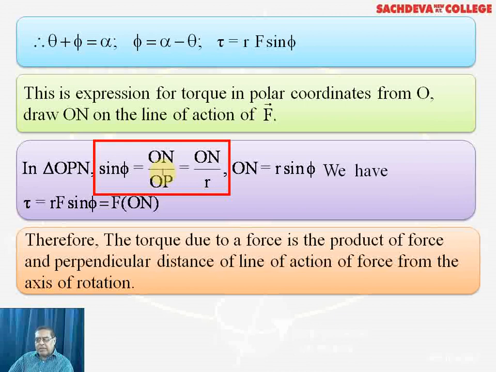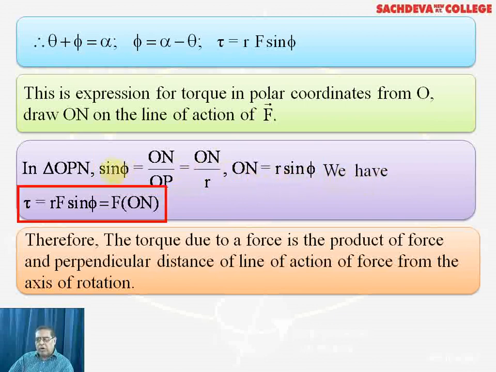Using that fact, we can say that in triangle OPN, sine phi must be ON over OP, and OP is equal to R according to the figure. So sine phi is ON over R, and we get the value of ON as R sine phi.